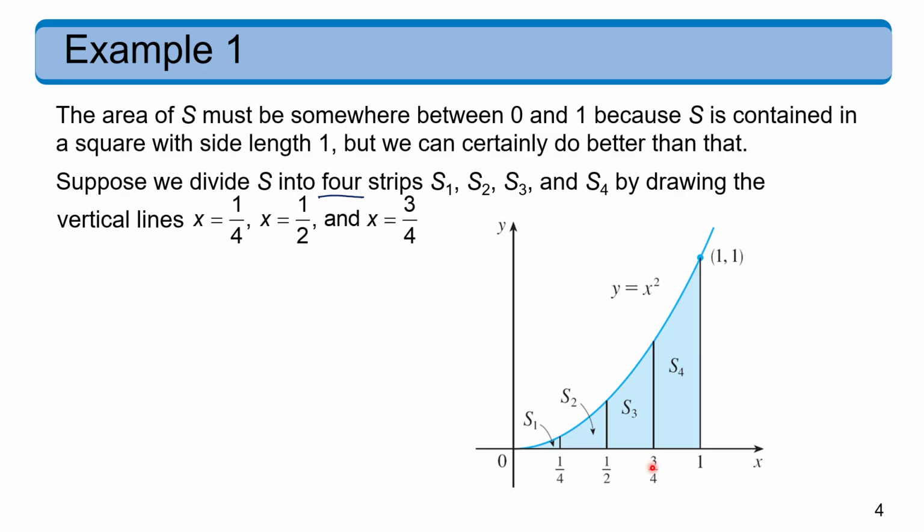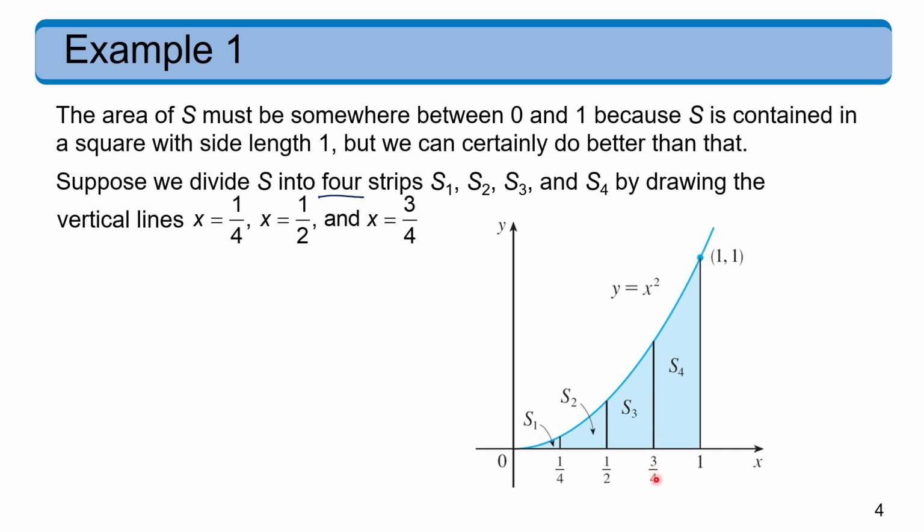They don't have to be equal width, but usually the simplest way to approach this is to make all the rectangles the same width. You can easily figure out where those marks would occur, and they're labeled here for the 4 rectangles. Then you create a vertical line at each of those subdivision points. Those are going to be the sides of the rectangles.